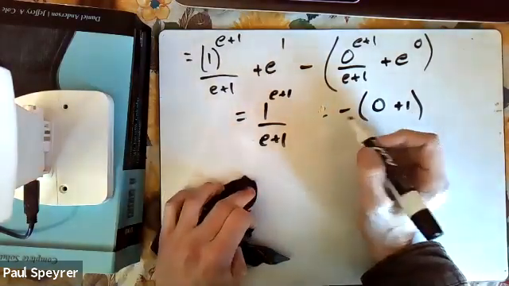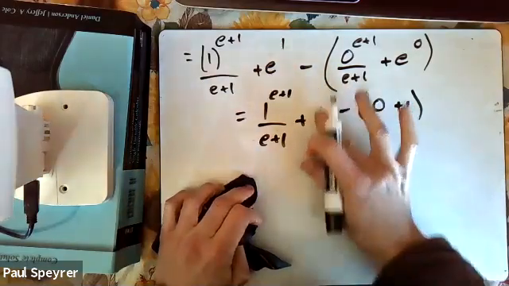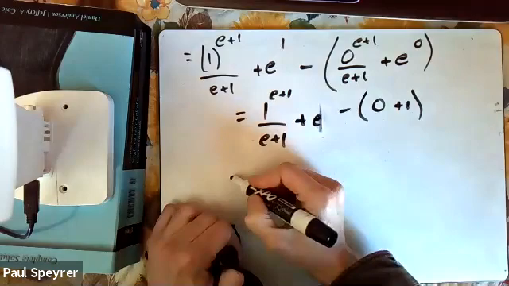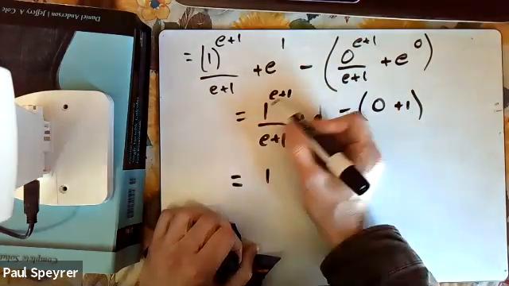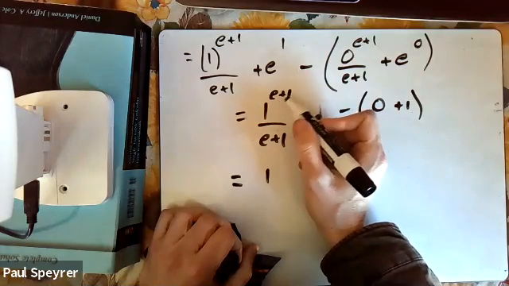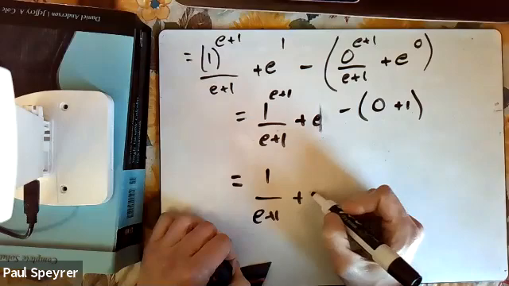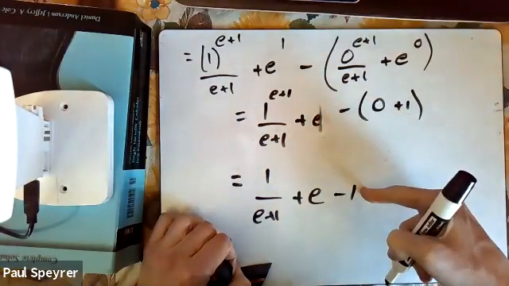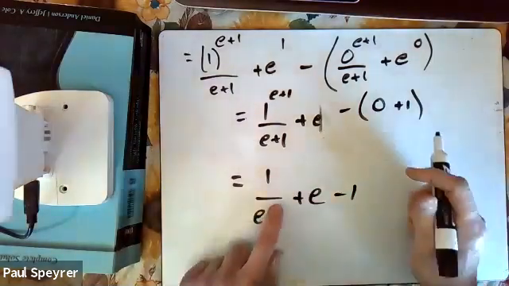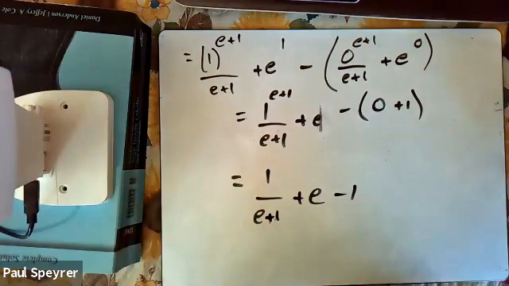The most simplifying we could do in that case is just say, hey, 1 to the e plus 1 is just 1, because 1 raised to anything is just 1. But it's still e plus 1 on the bottom. We still have this plus e. And then this becomes minus 1 right here. So it is a nasty looking answer, but unfortunately, that's as much as we can do.